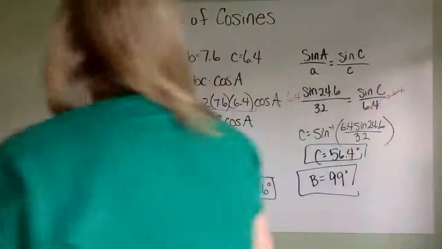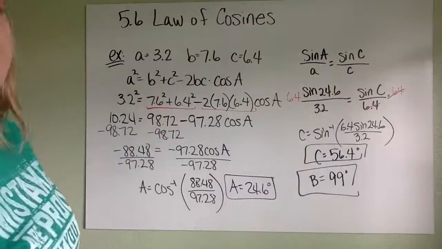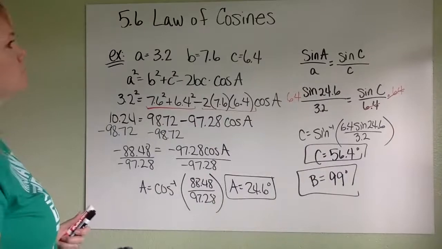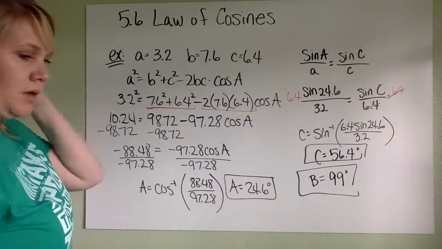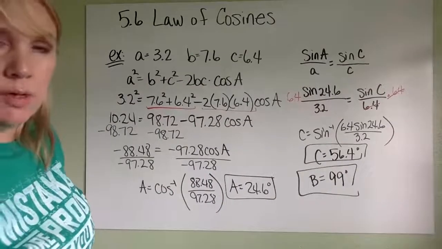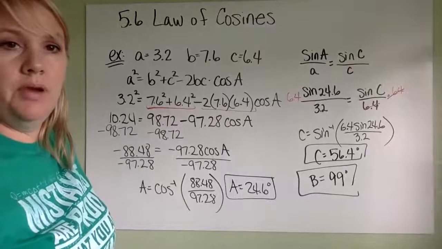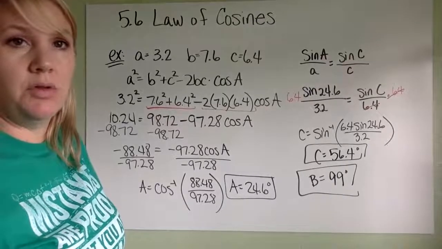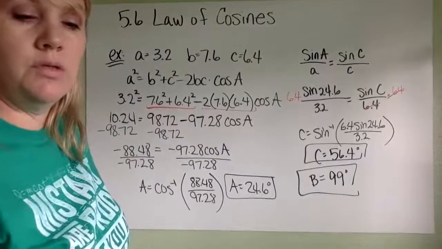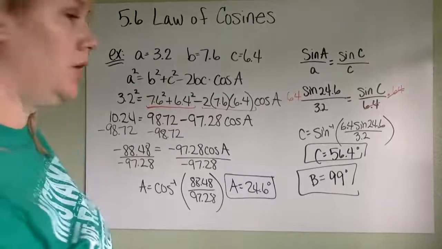Let's move over here. So there is a situation where there's no triangle possible, similar to what happens when you use the law of sines and you get a no triangle possible.